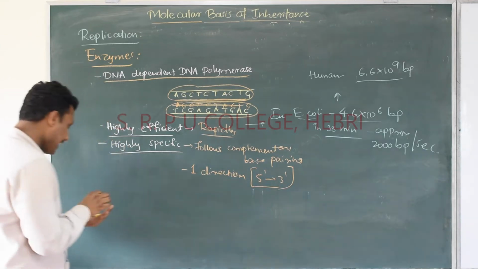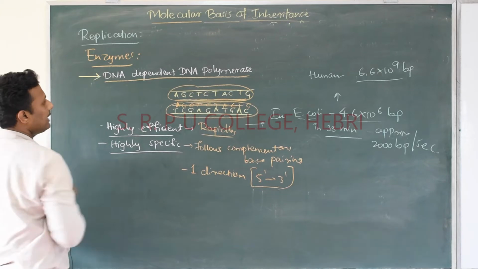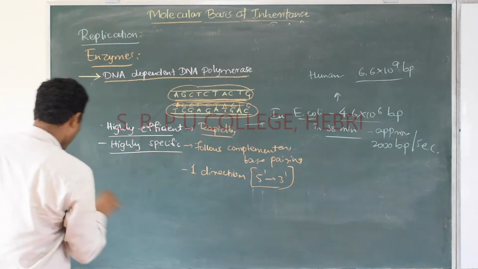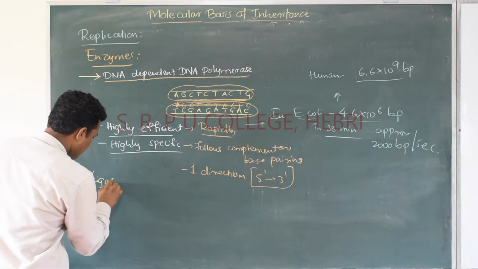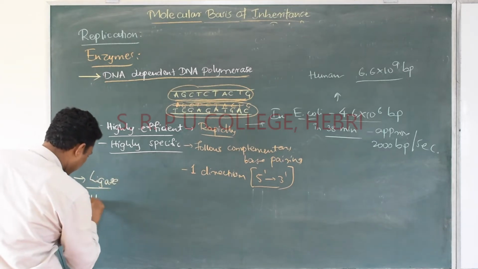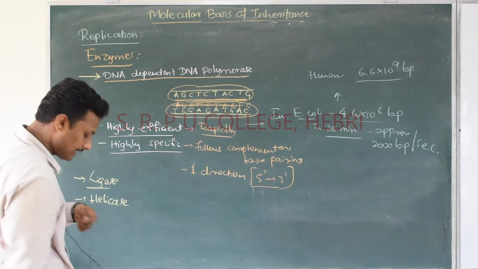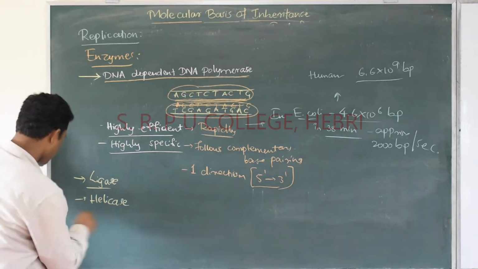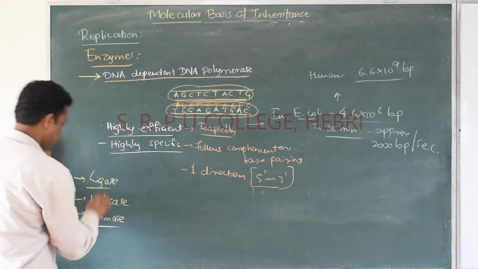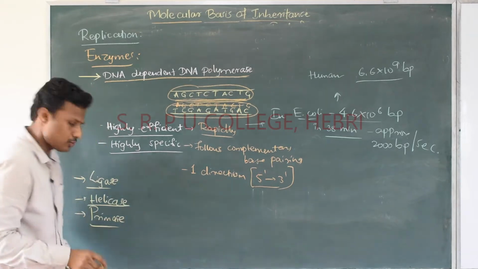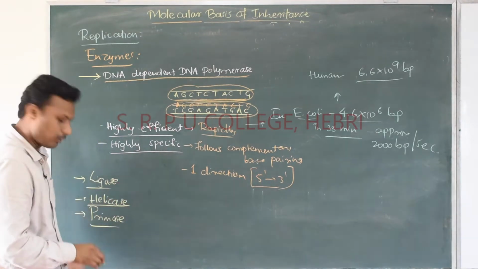Now the other enzymes that are involved here. This is one particular enzyme, a DNA dependent DNA polymerase. The other enzymes are ligase, helicase, and primase. These are not mentioned in the textbook, but still for your knowledge, you need to know about this.